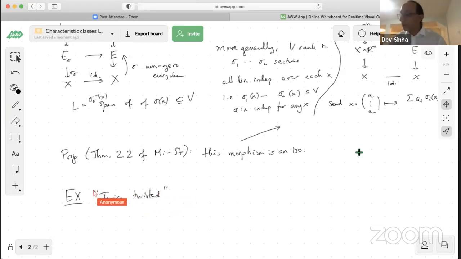And let me put that in quotes, because we're going to see that depending on the category we're dealing with, I claim that this is trivial. So what could I mean by the twice twisted Möbius bundle?